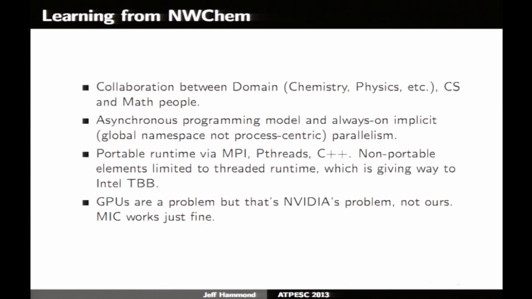So the things that we learned from NWChem: Madness is actually a project with probably less than half of the people being domain scientists. There's sort of one domain scientist for every domain, maybe more, although in fact the nuclear physics work is done by a mathematician, George Fann, who's driving a lot of the math work and also working with the nuclear physics SciDAC project.